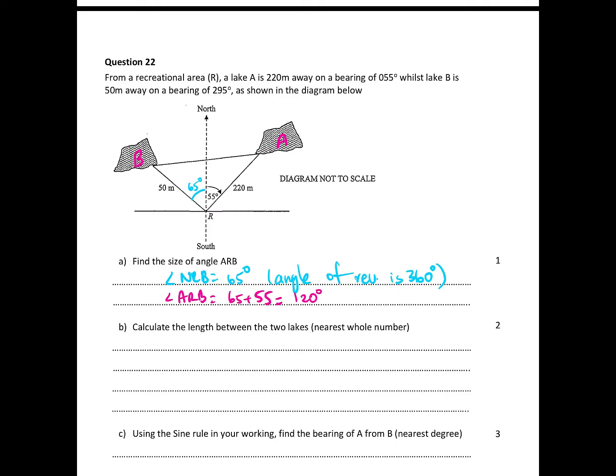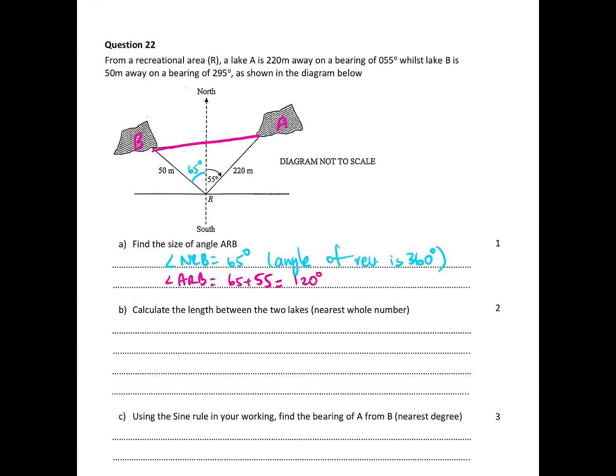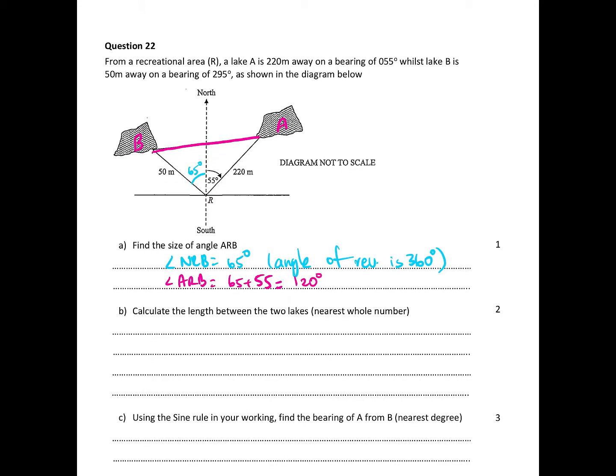Cool. Now it's asking to calculate the length between the two lakes. Looking at that, I'm going to use the cosine rule. Do you see how I have an angle and two sides bound by that angle, and the side that I'm after is opposite to it?